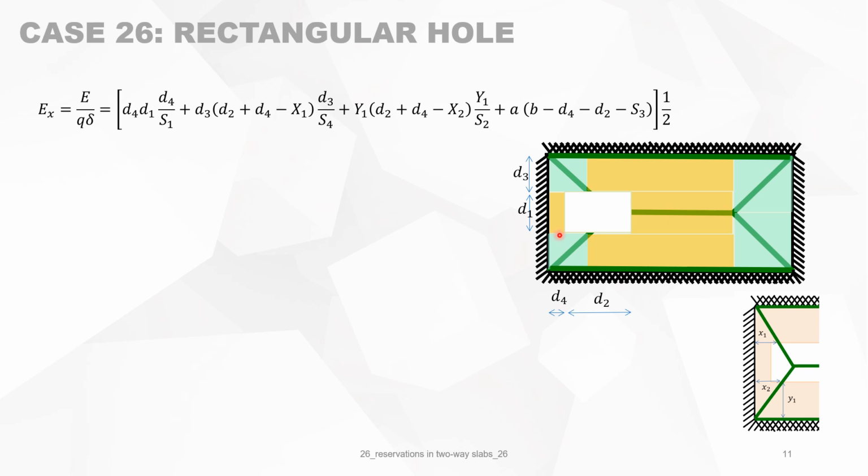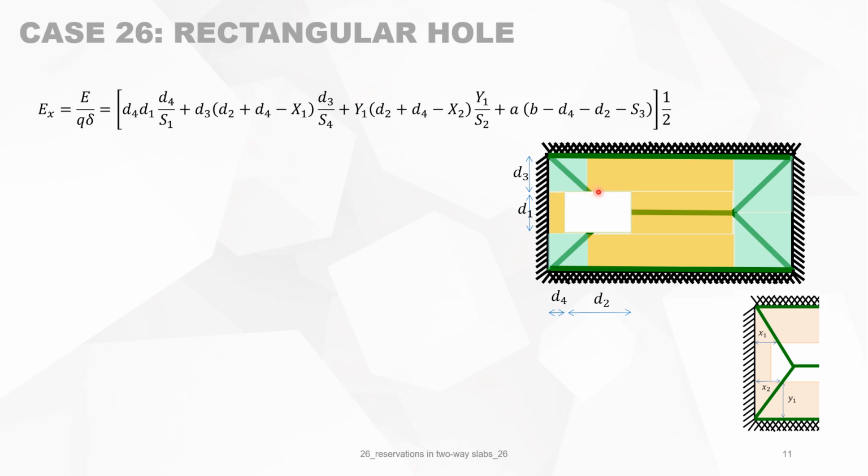For this portion, we have d4 times d1 times the maximum deflection, which is delta d4 divided by s1. Then we have d3 times d4 plus d2 minus x1.